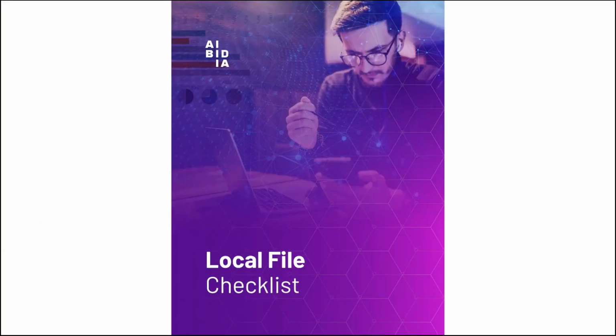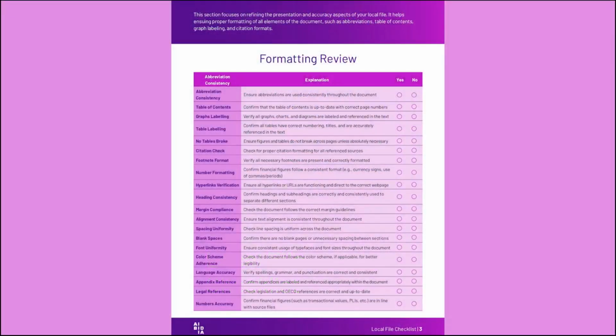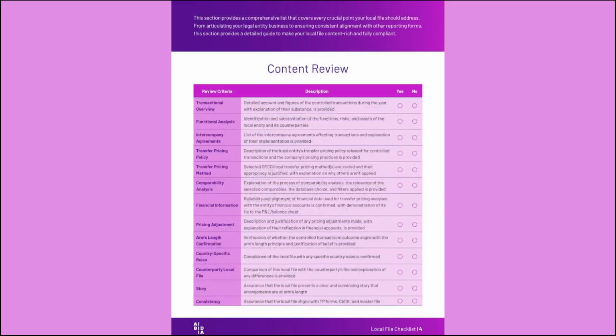The second resource, which Isabel, you also mentioned before we started the webinar, is a local file checklist. This is a handy resource that gives you the list of things you need to ensure are in your local file, that it is properly formatted, so you can ensure the quality and that the content meets your expectations and requirements.